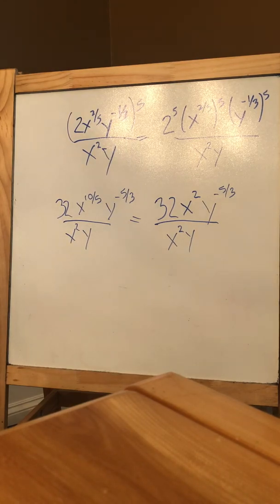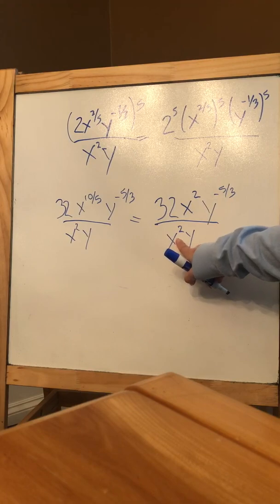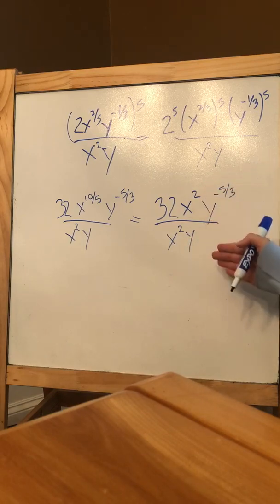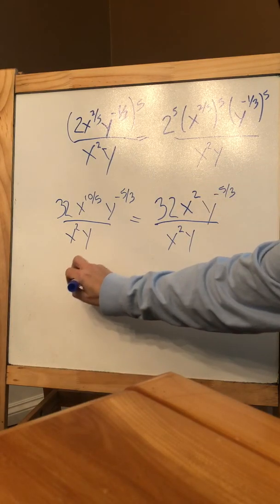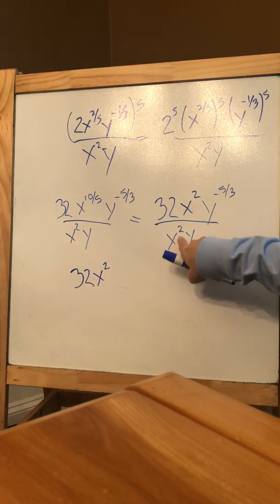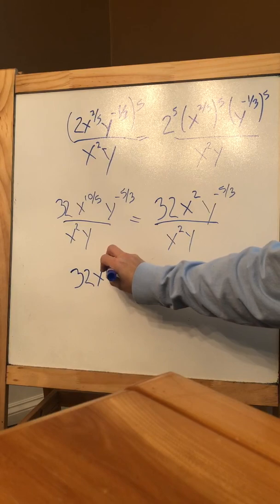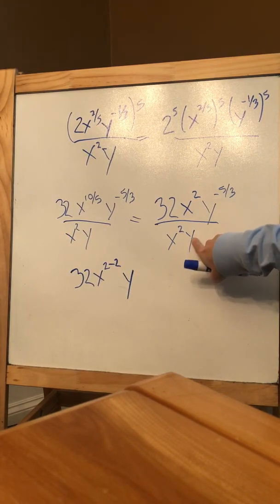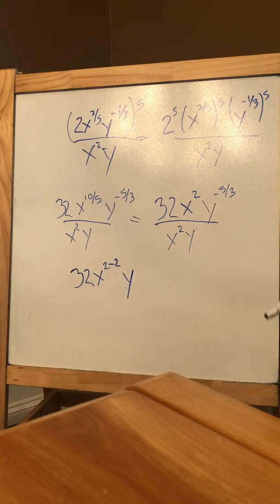So we're going to say 32, we have an x squared down here. If we bring this up to the top, it's going to be an x to the negative 2, right? So we're going to have 32. Now we have x to the 2, and now this x right here is a negative 2. So minus 2. Then we're going to have y. If we move this y up to the top, it's going to be a negative 1. So we're going to have a negative 5/3 y.